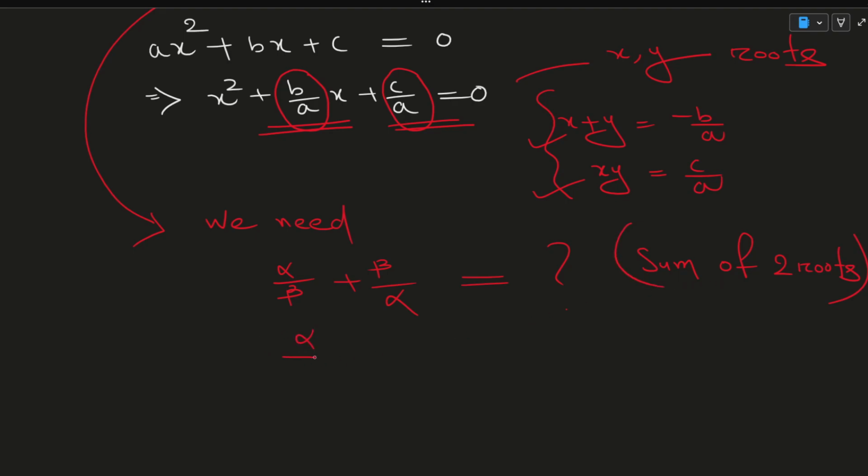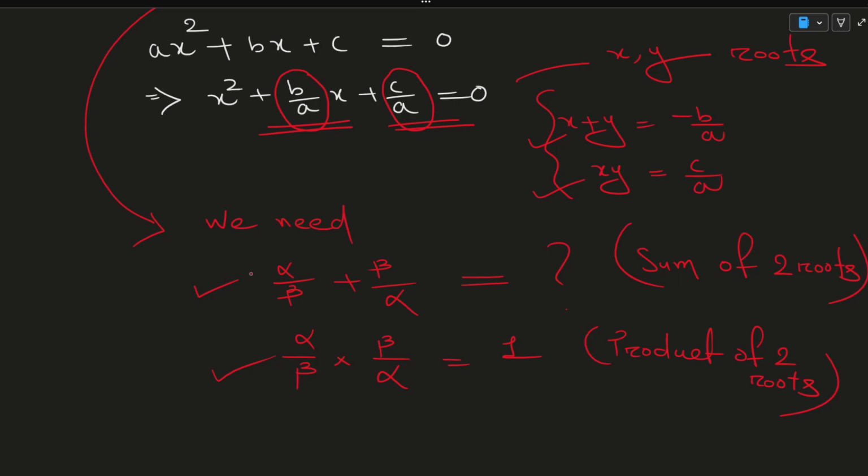Now the product of the two roots will be 1. So we have the product of two roots, which is 1. This information we have, and we need the sum.